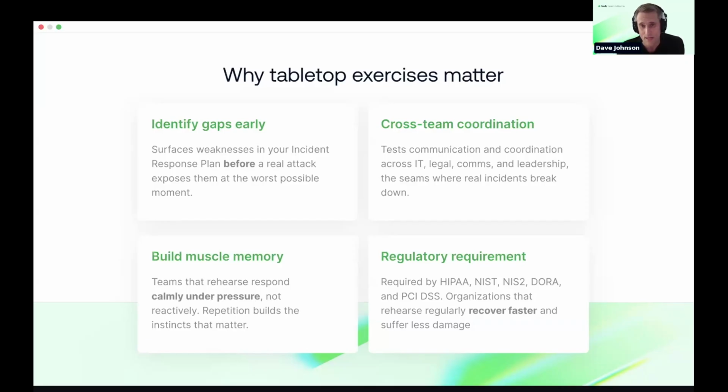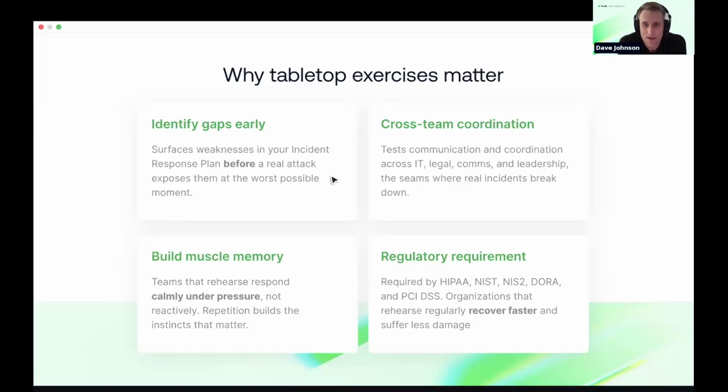Definitely there is a technical gap, but when you're talking about spear phishing and things like that, there are technical controls you can use for sure. But how do you respond to it? What does your investigation chain look like once you receive a ticket? When does the service desk know when to escalate something to another team? So having these things is really a reason why tabletops matter, and it builds that muscle memory.